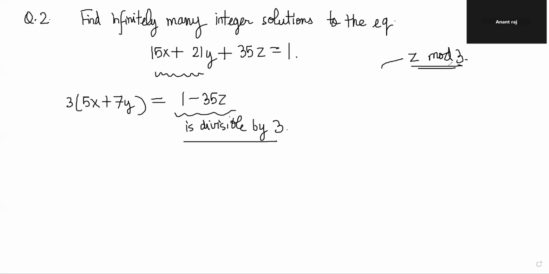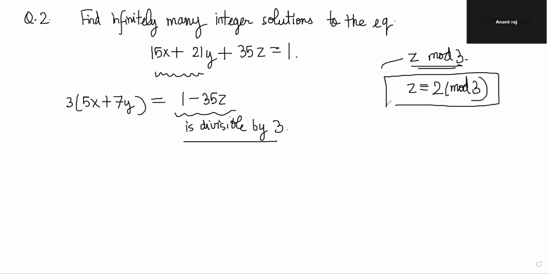The 1 minus 35z has to be divisible by 3. If it is 0 mod 3, it won't work. If it is 1 mod 3, it still won't work. Minus 34 has to be, -1 will work. So it has to be 2, yes, -1 is 2. Z has to be 2 mod 3 for sure.